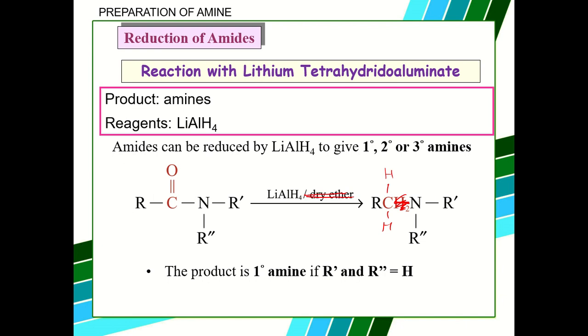LiAlH4. And look at the products, you now have R, then nitrogen bonded to hydrogen or R groups. So it can be primary, secondary, or tertiary amines, depending on how many R groups, how many alkyl groups are bonded to the nitrogen in this product.